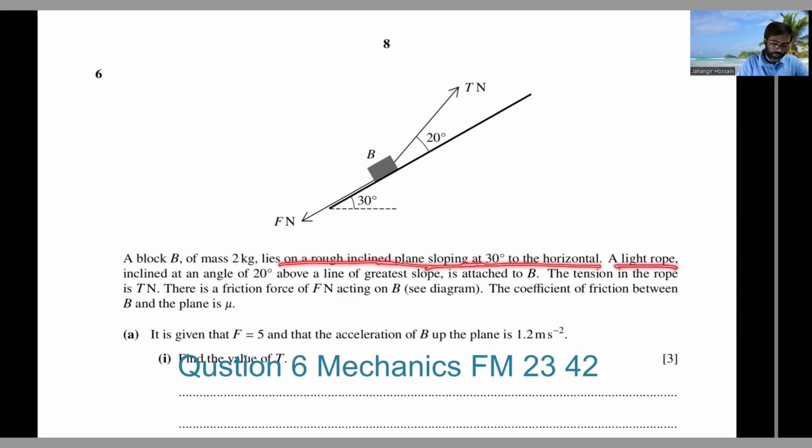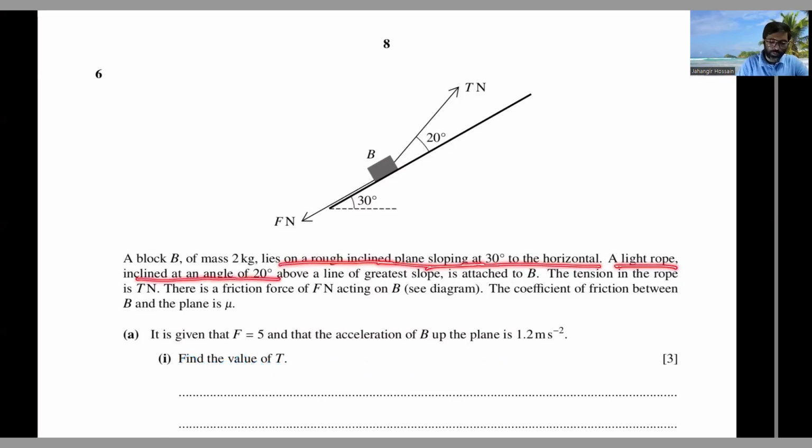A light rope inclined at an angle 20 degrees above the line of greatest slope is attached to B. The tension in the rope is T Newton. There is a friction force acting on B. Here is the diagram. Now the coefficient of friction between B and the plane is mu.